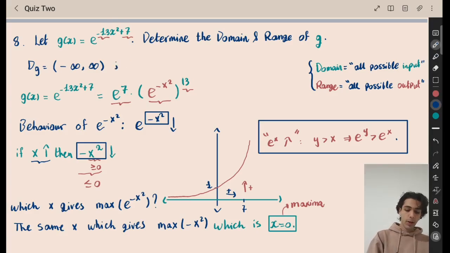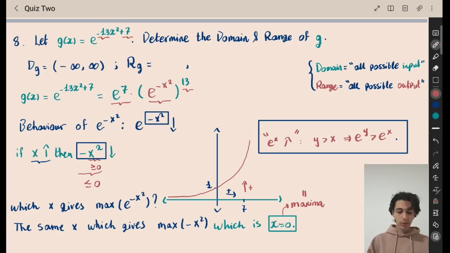And now back to the range of g we still would like to find. If the maxima is at x is equal to 0, then the maximum value is attained there. Now, 0 is in the domain, so let's first compute the maxima.